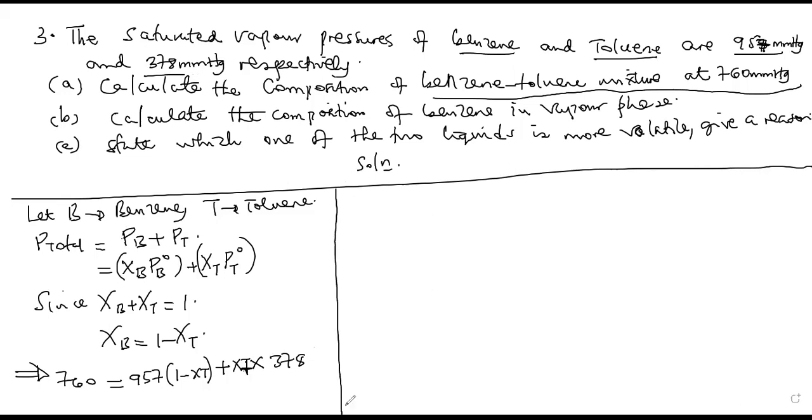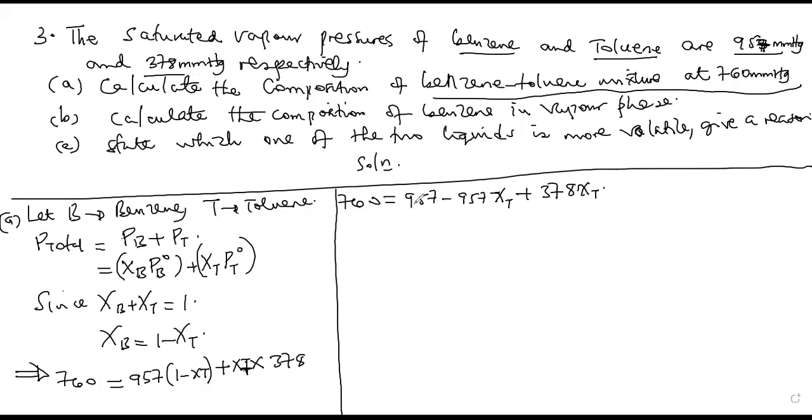Now this will give us 760 equals, I'm attempting part A, open brackets, 957 minus 957 XT plus 378 XT.